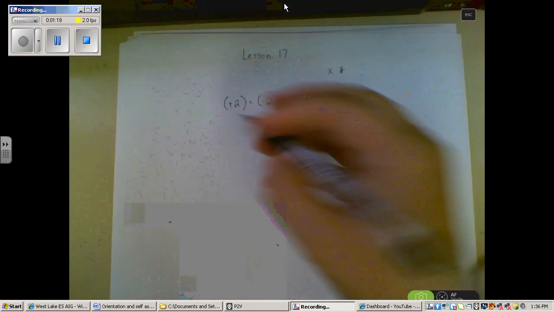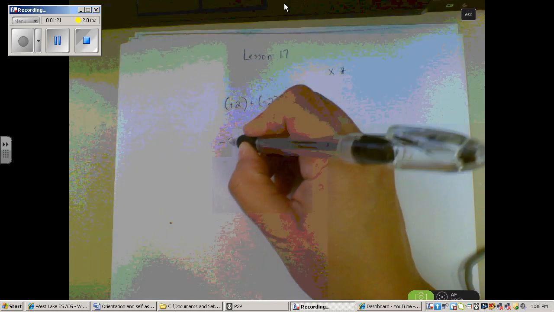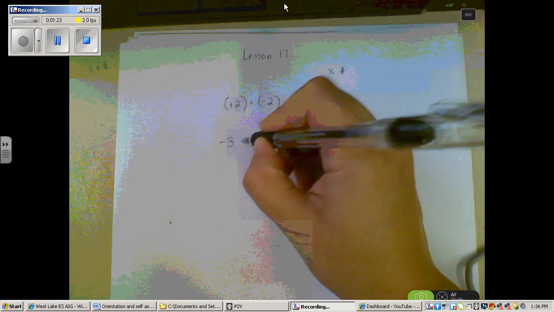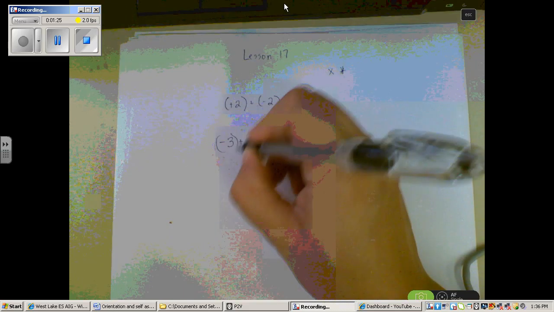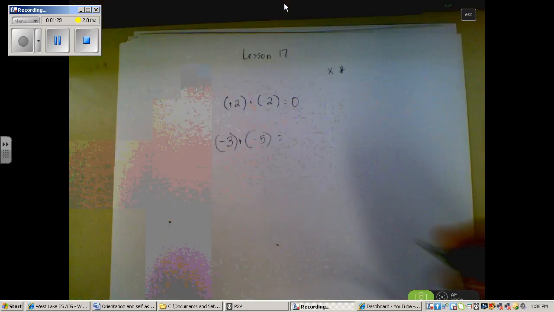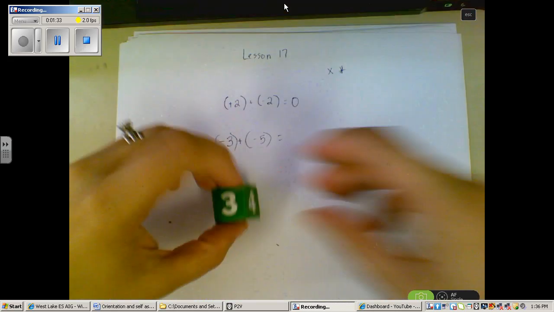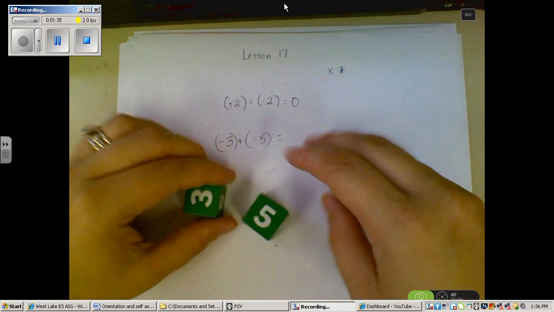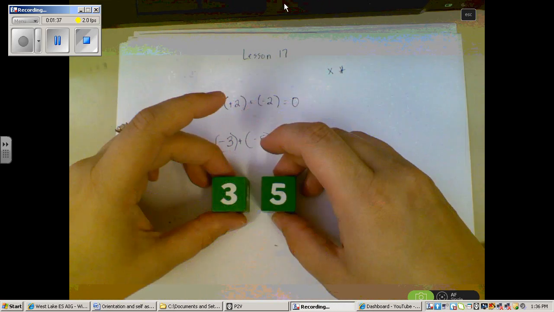If we said negative 3 plus a negative 5, well, what would that equal? So we have negative 3 and negative 5.